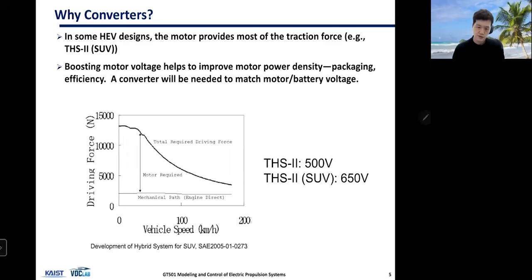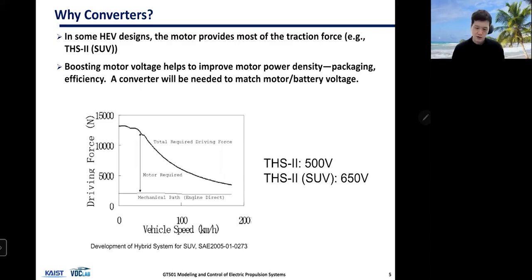So you need to stack up batteries, connect batteries in series so that amplify voltages, but stacking up battery cells in series with too many cells is not desirable for multiple reasons.